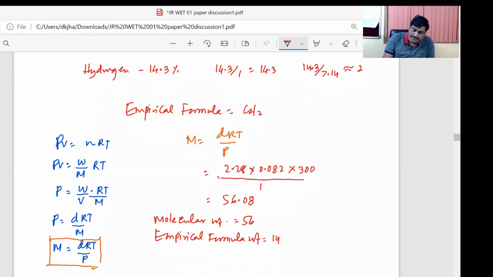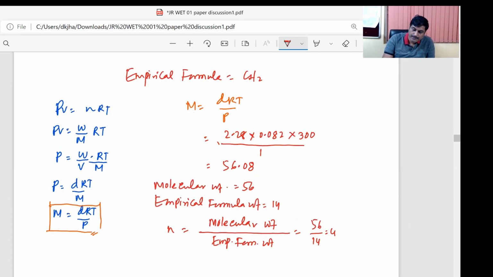And so the value of n is the molecular formula weight divided by the empirical formula weight, 56 divided by 14. 14 twos are 28, 14 fours are 56. So n is equal to 4.